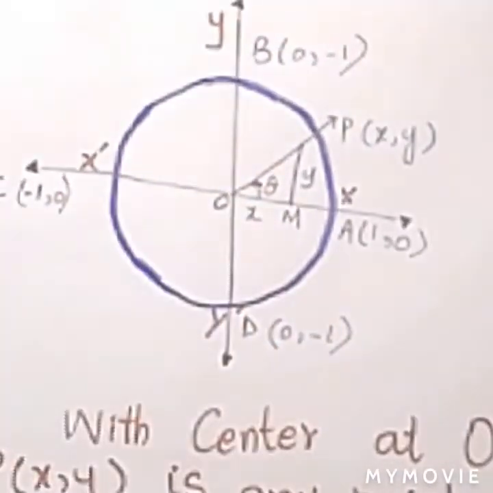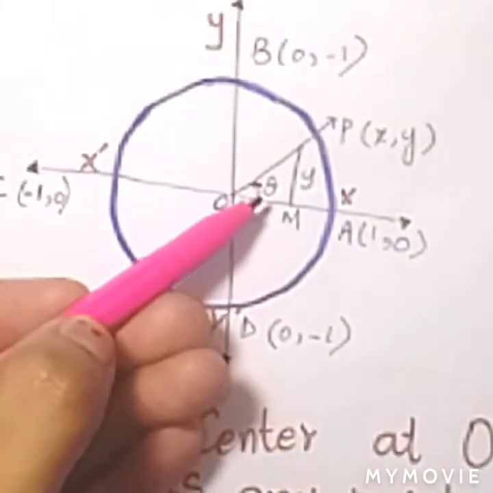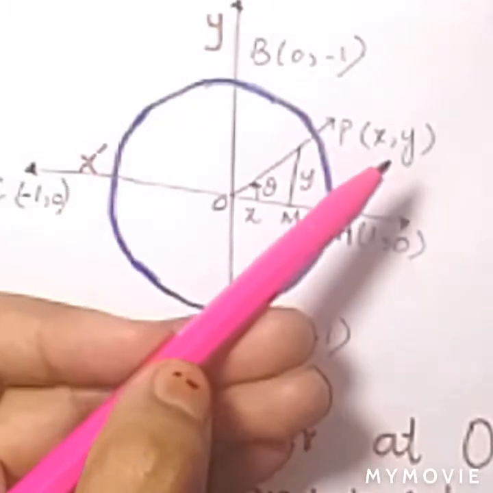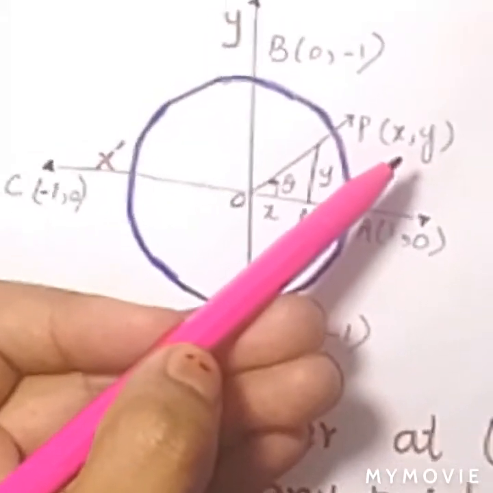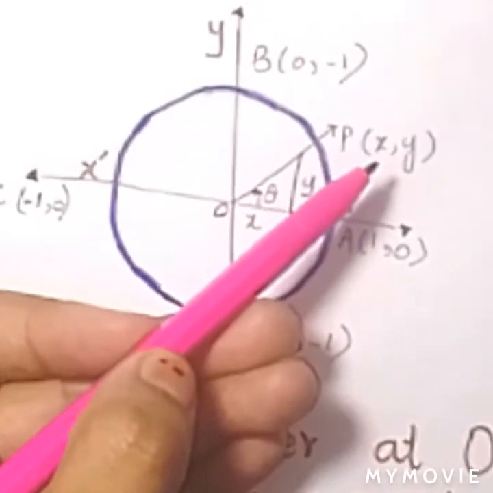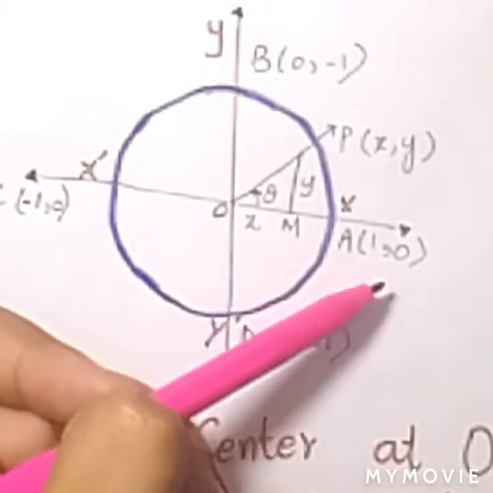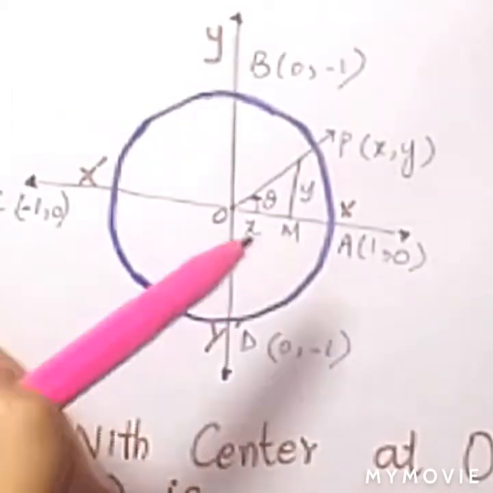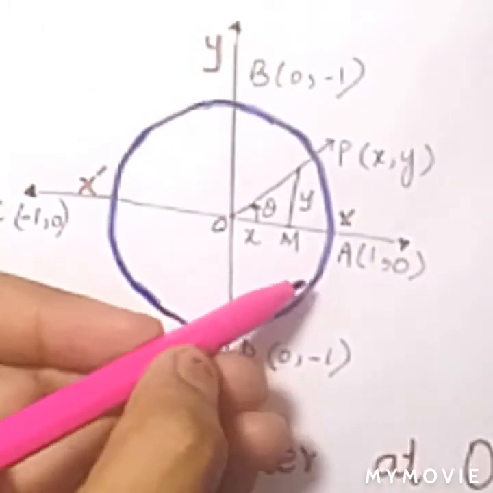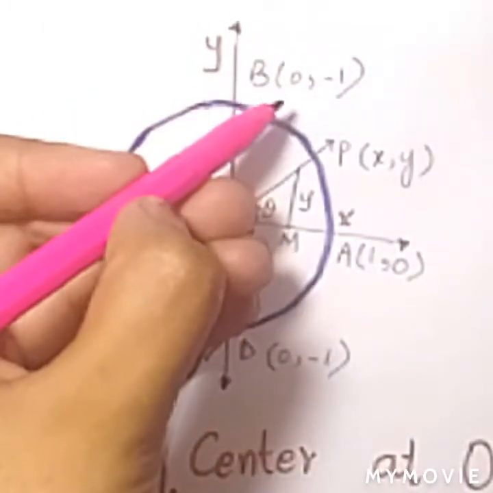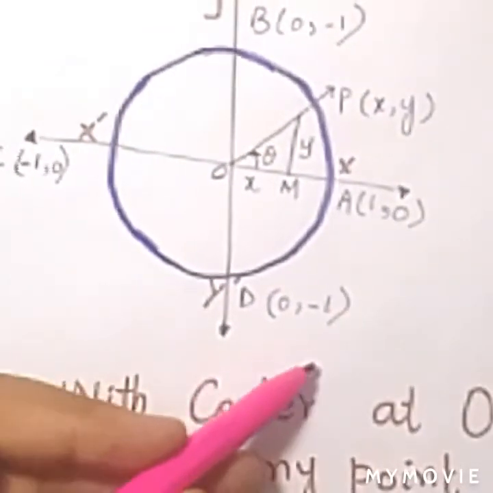Theta may be something, but generally we call it theta. P(x, y) is any point outside, and A is the point on the x side, B is the point (0, minus 1), and D is (0, minus 1).